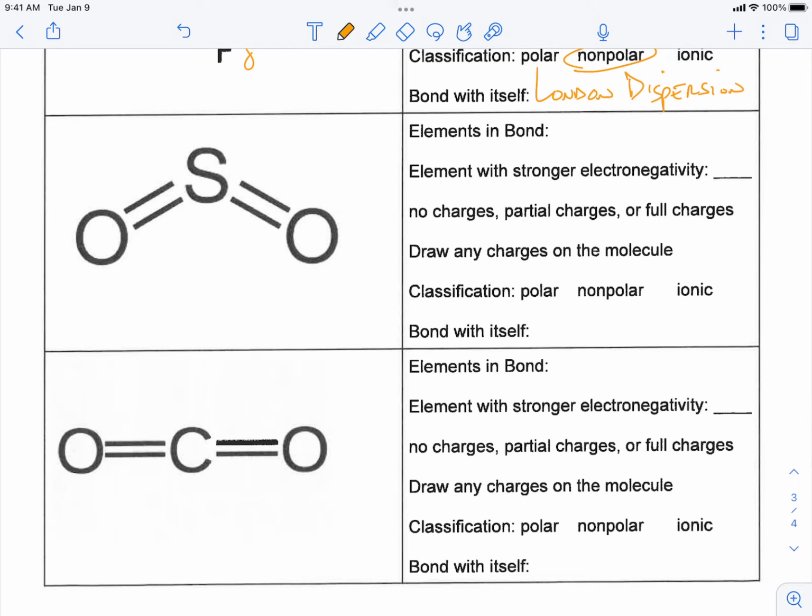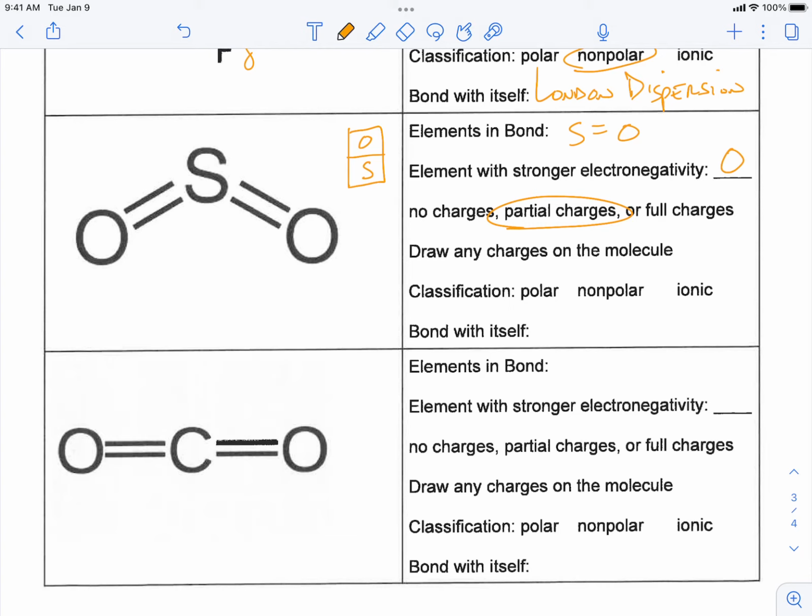All right. Next one, the elements in our bond are oxygen and sulfur. On our periodic table, oxygen is actually above sulfur. So our rule is that as you go up and to the right, it's more electronegative. So oxygen is more electronegative based upon that. They're both nonmetals, but they're different, so we have partial charges.